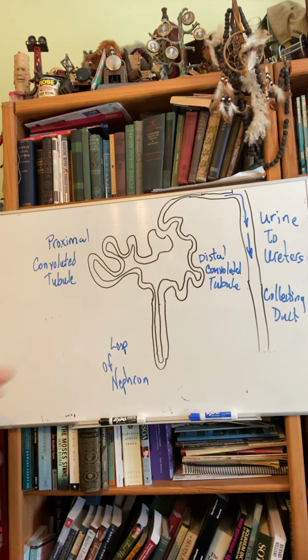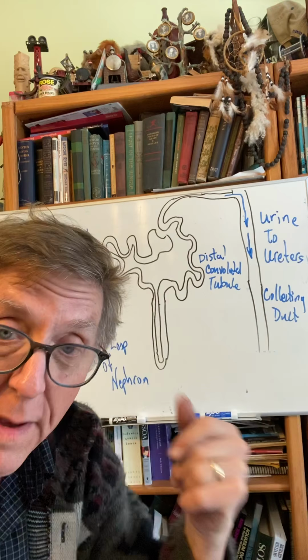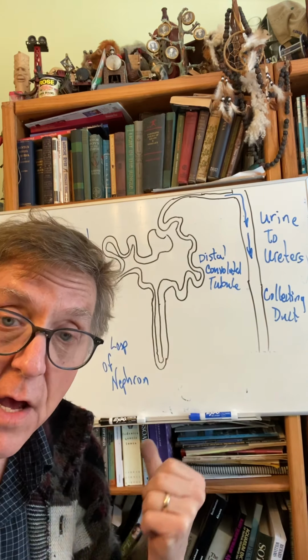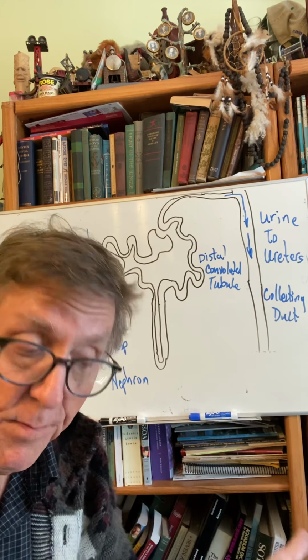So you have to understand that surrounding the proximal convoluted tubules, the loop of the nephron, and the distal convoluted tubules, we have the peritubular capillaries. And as we talk about reabsorption, that's what we're talking about. It's being put back into the blood plasma.